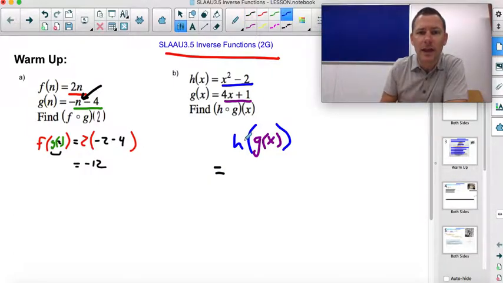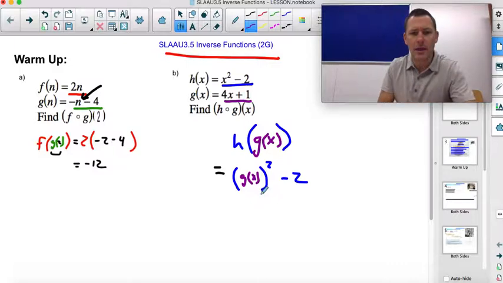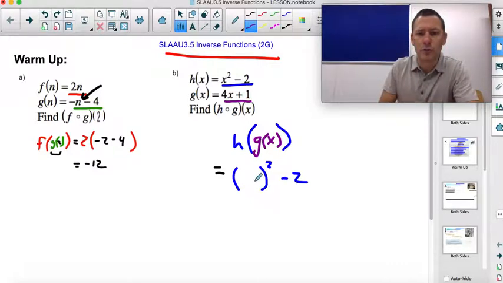So into h of x, here's h's input x, we square it, -2, and the input is all of g of x. If you don't want to do a second line, you just say, oh, 4x plus 1 goes in there and gets squared.